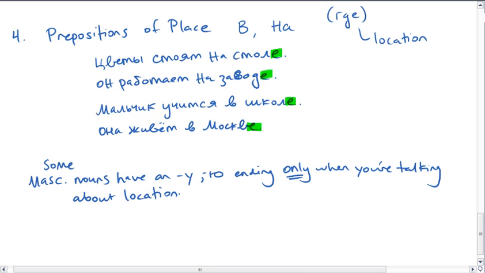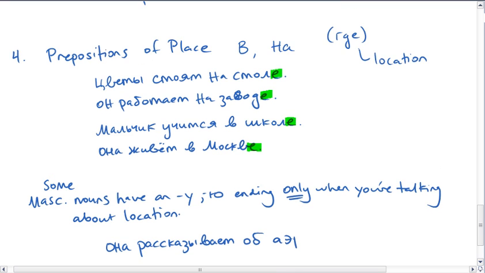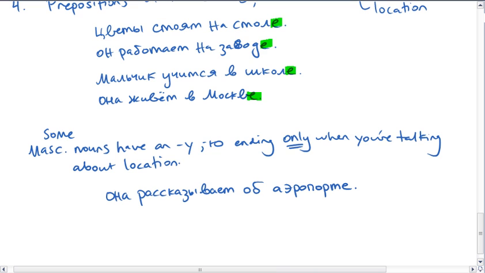So, for example, она рассказывает об аэропорте, right? So we have our normal prepositional ending.